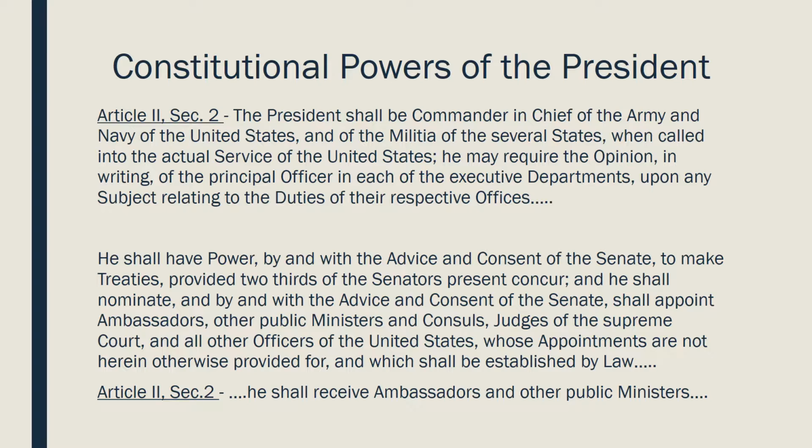We see in that language that the foreign policy power of making treaties falls to the President, but the acceptance of those treaties has to be shared with the Congress. The appointment of ambassadors, but also the receipt of foreign ambassadors from other countries, is the power formally of the President.